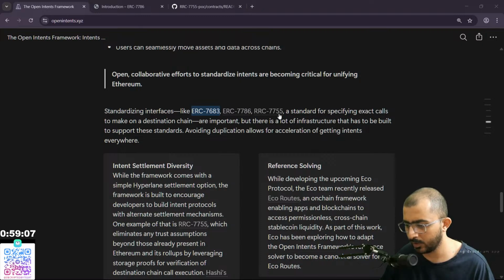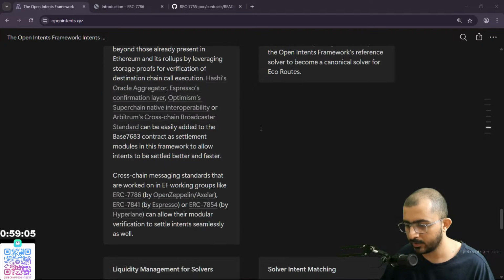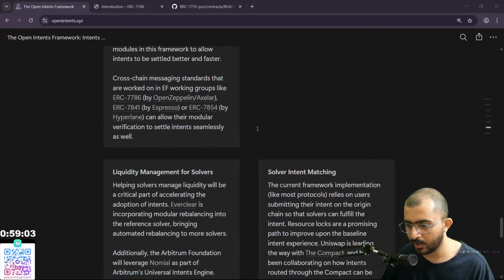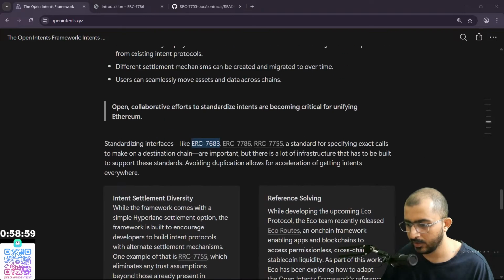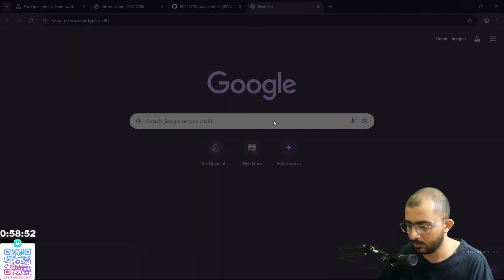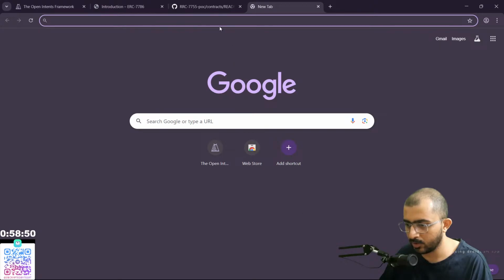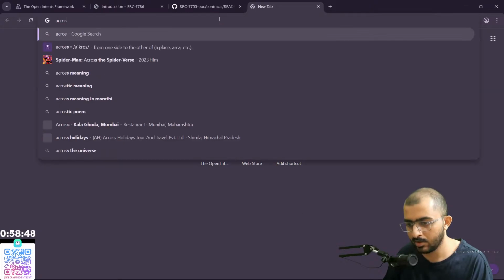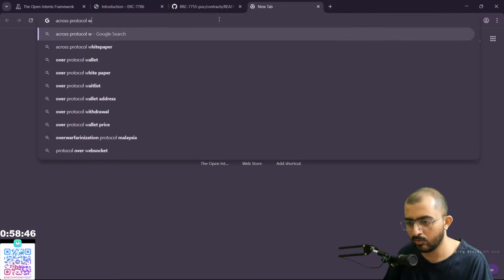I don't know if these are implemented, but our main focus is 7683 because it's in the Across docs. Got it. Across protocol.